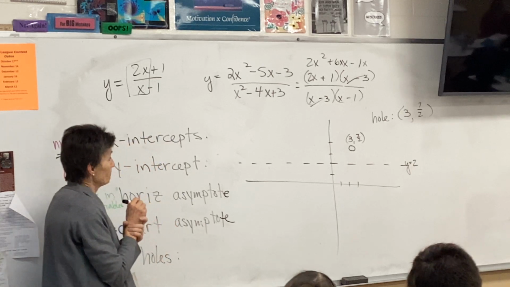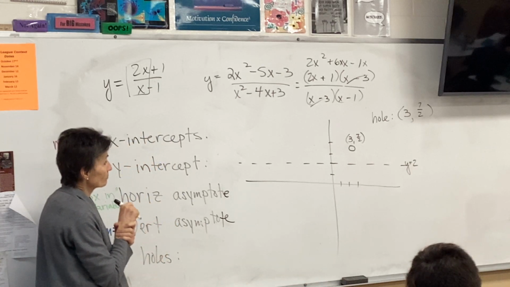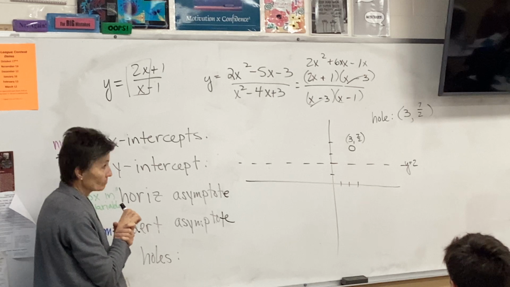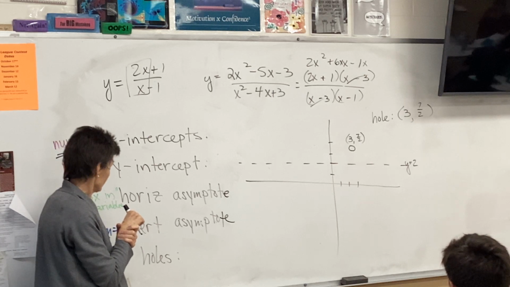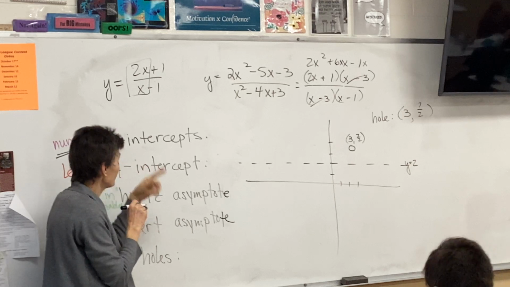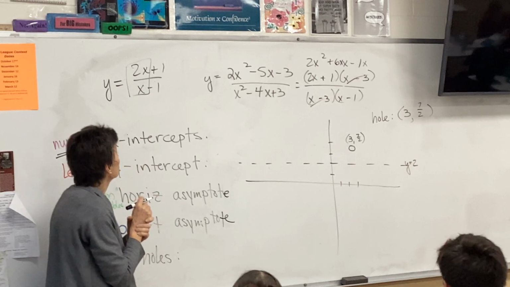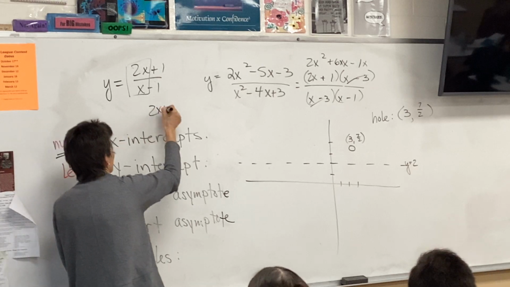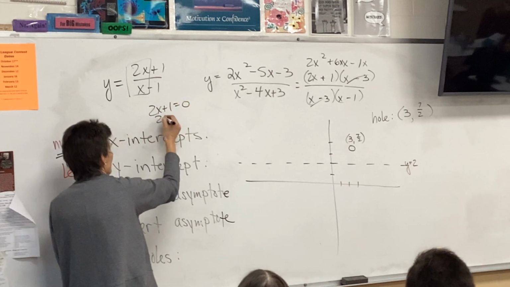All right, what else? Well, what's my x-intercept? We don't have that yet. No, be careful. What makes the numerator 0? So 2x plus 1 equals 0.